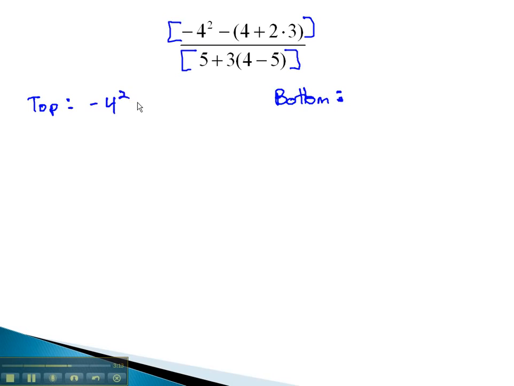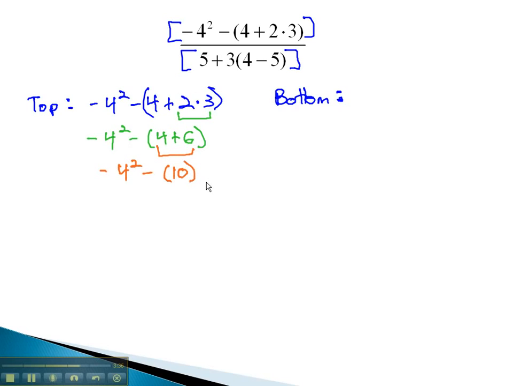The top is negative 4 squared minus the quantity 4 plus 2 times 3. Inside the parentheses first, we'll multiply, giving us negative 4 squared minus 4 plus 6. Still working the parentheses, 4 plus 6 is 10.